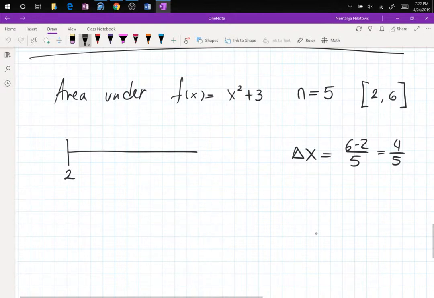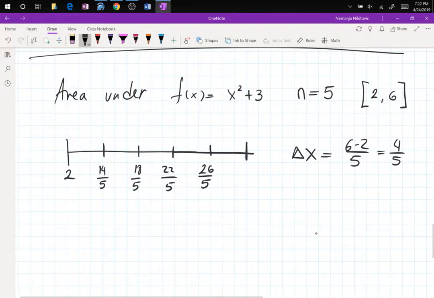That's 10/5. So what's the next one over here? 14/5, and then 18/5. You keep adding 4, 22/5, plus 4, 26 over 5, and then 30/5, which is a 6.